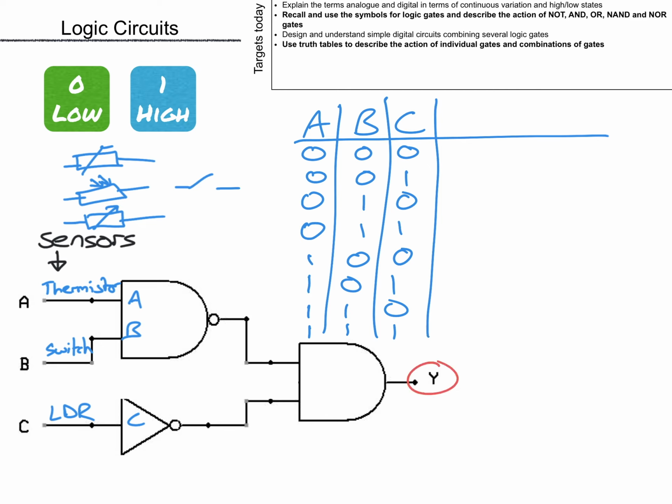So let's add D and E to the diagram and to the table. We have a NAND, a NOT, an AND, and neither an OR nor a NOR. We want to consider input A NAND input B. 001, 001, 010, and so on.